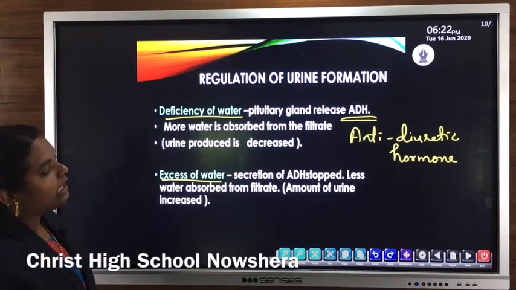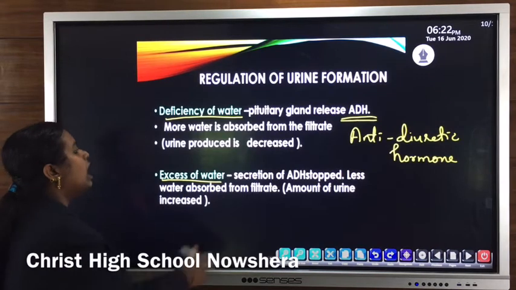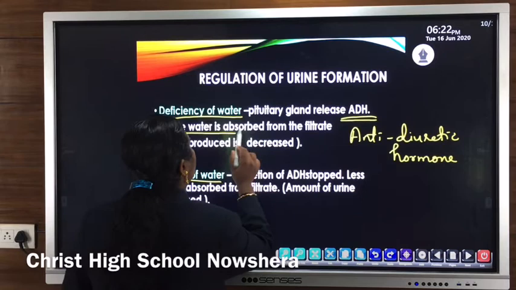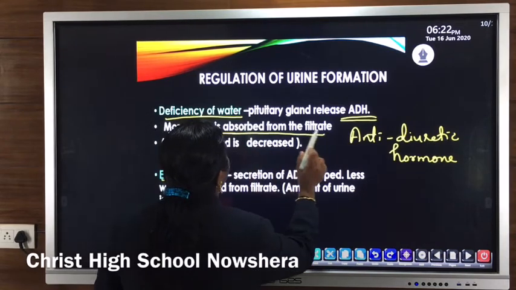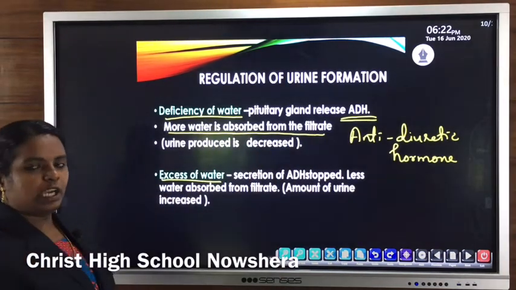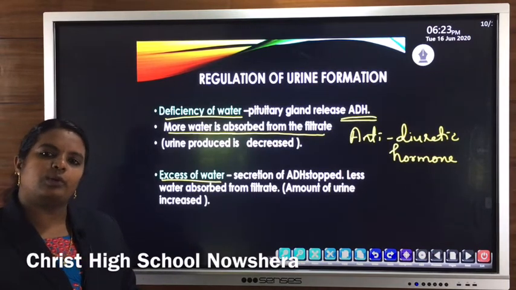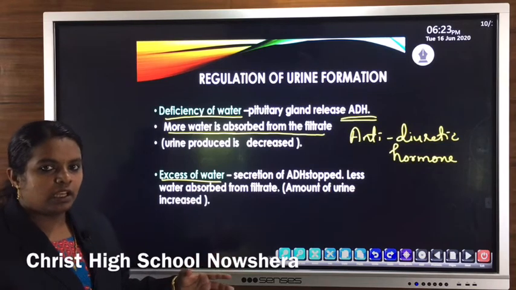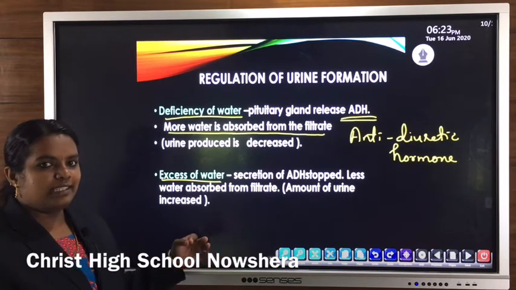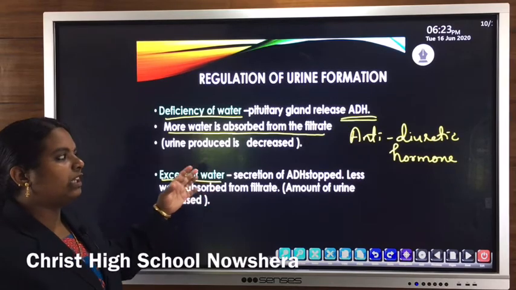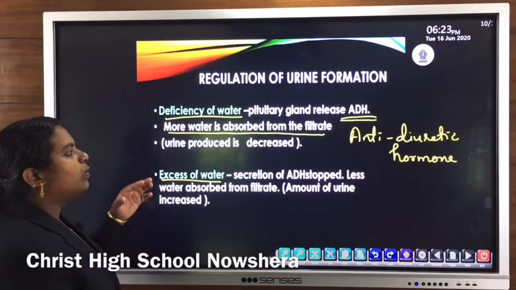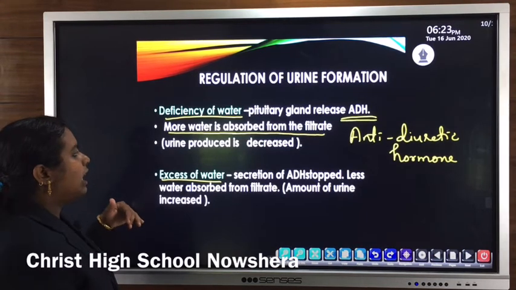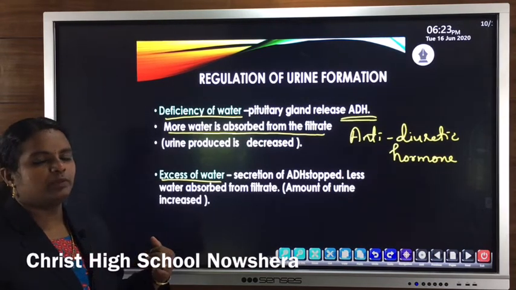So when the pituitary gland releases ADH, more ADH means more absorption of water. More water is absorbed from the filtrate, or from the glomerular filtrate. Clear? Because the main function of ADH is related with reabsorption of water. So the more ADH, the more absorption of water from the filtrate.